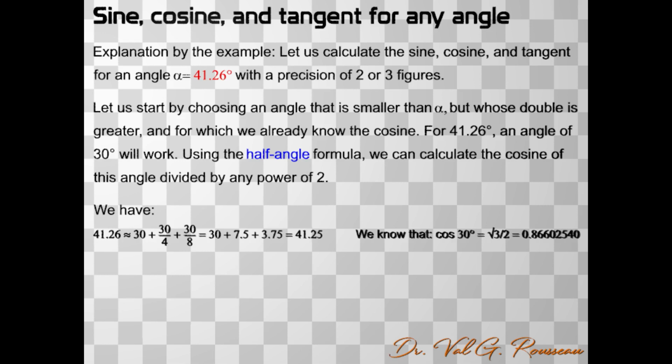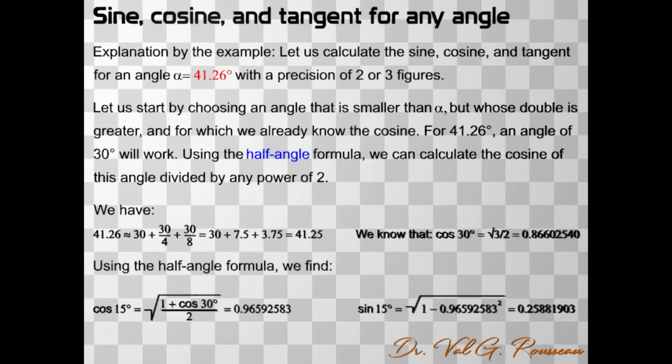We need to know the cosine of 7.5 degrees, but before we need to calculate the cosine of 15 degrees. By plugging the value of cosine 30 degrees into the half-angle formula, we obtain the cosine of 15 degrees. Knowing the cosine of 15 degrees, we can calculate the sine of 15 degrees.